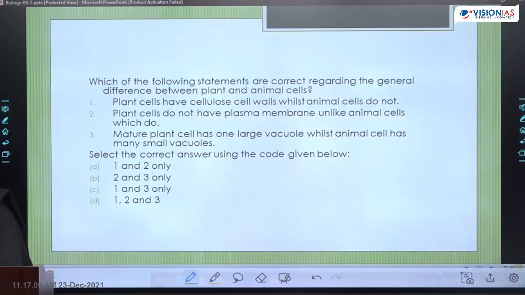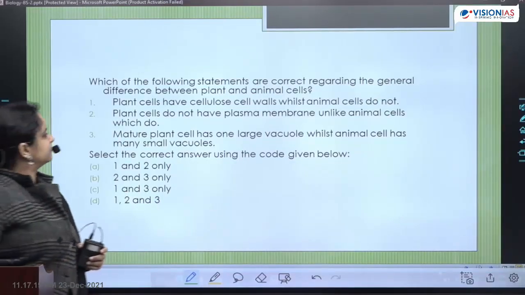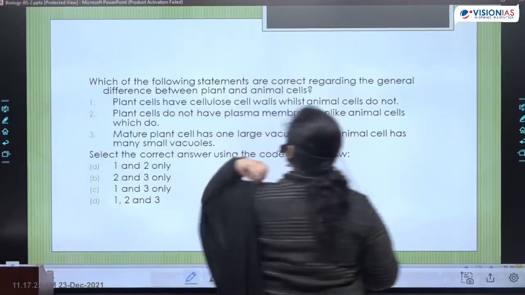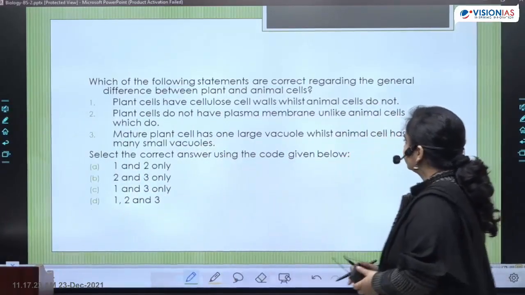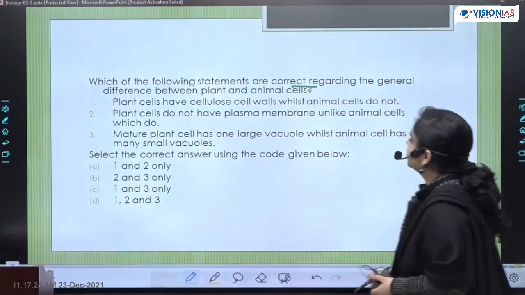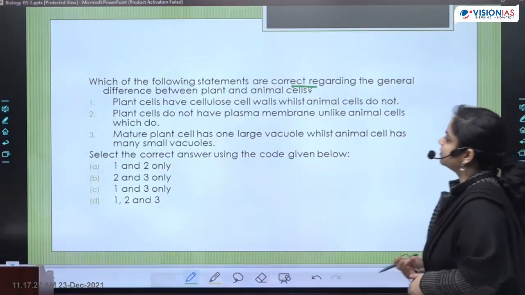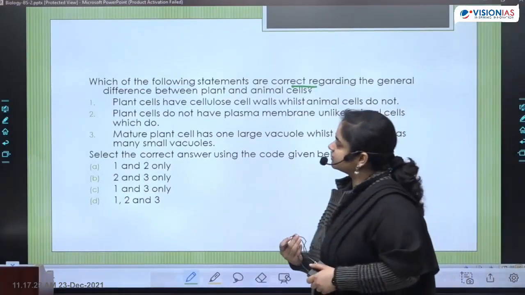Okay. So we have C from our online students also. Garima, Vipin, Pinky. Okay. Which of the following statements are correct regarding the general difference between plants and animal cell?